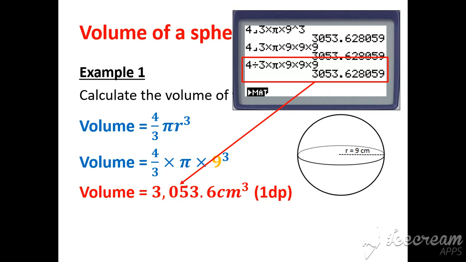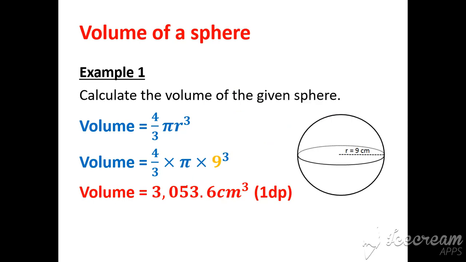So whatever way you're happy with, make sure you learn how to use your calculator and get the answer we've got here. Now remember, centimeters cubed is little cubes, that's centimeter by centimeter by centimeter, and we would need 3,053.6 of those to fit in the same space as that sphere.